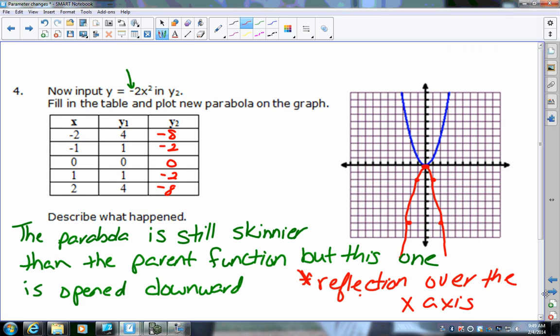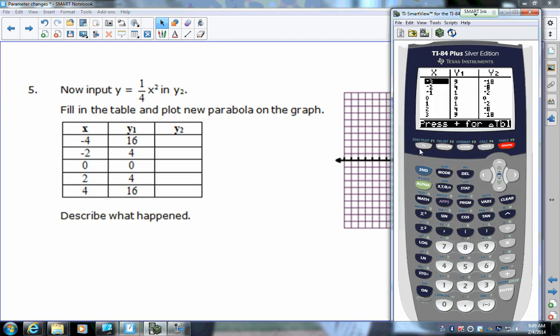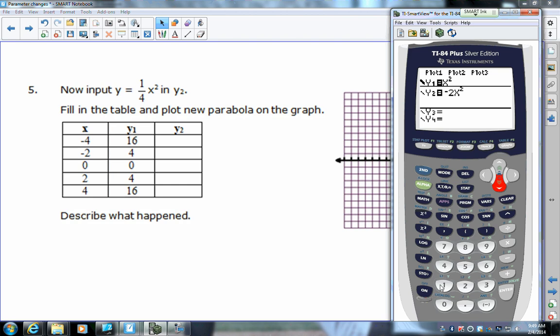All right, so on the last one on these notes, it asks you to put in 1/4 x squared. So let's go to the calculator, go to y equals, go to y2, and let's put 1/4. 1 divided by 4, x, and then this x squared button.